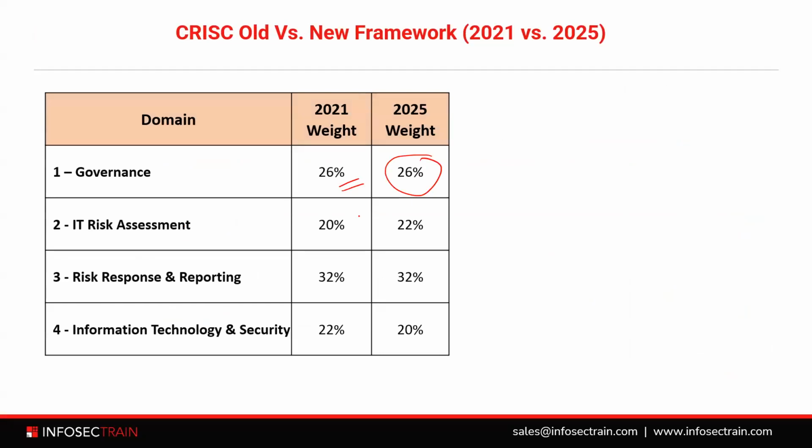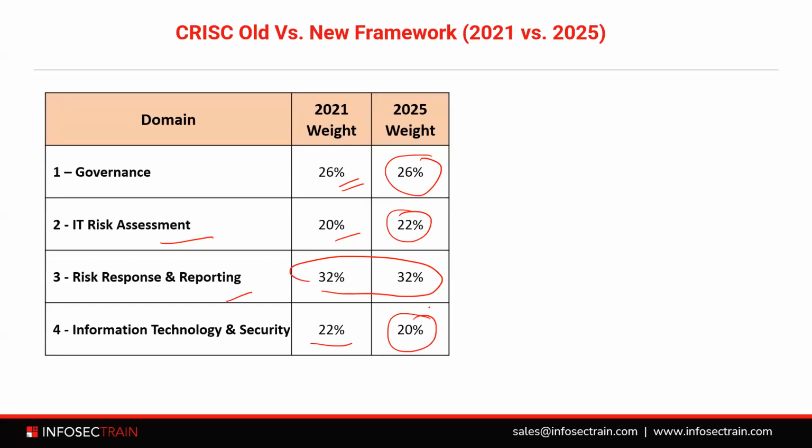Domain 2, IT risk assessment, 20% in 2021 and 22% now. It has increased by 2%. Domain 3, risk response and reporting, no change, 32%. Domain 4, information technology and security, 22% before, and it has been reduced by 2%.